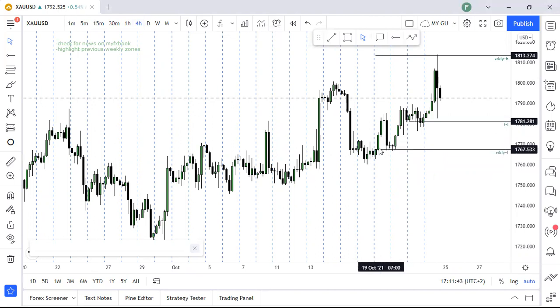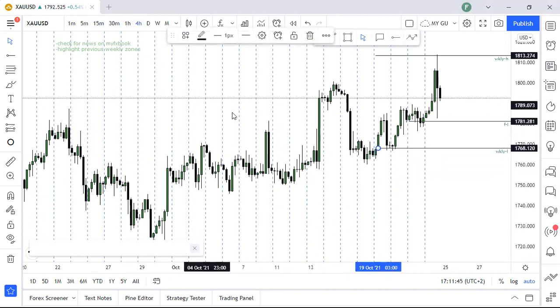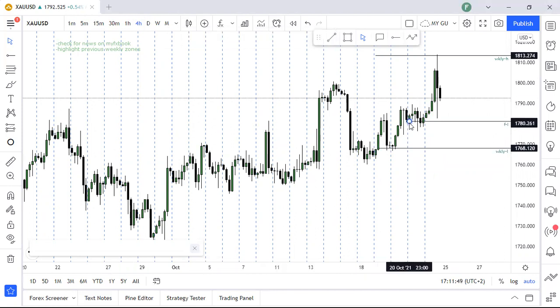Now remember, I've explained this before, these are period separators. I like to know my days. This is obviously the low, but we adjust so that we don't have lines that are cutting through unnecessary candles.